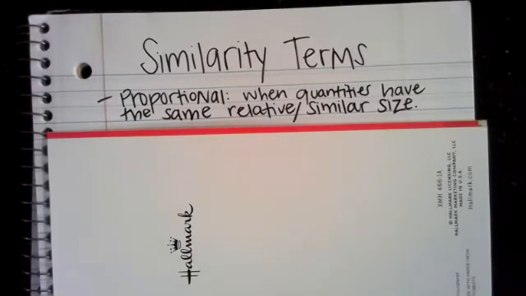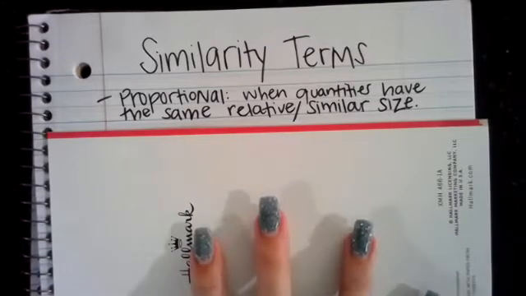You can't create a miniature that looks exactly like the White House if you don't know the exact measurements of the actual White House and convert them to a proportional size. So that's going to make a little bit more sense when we see some of the images in this video. So this is the definition of proportional. Make sure you write that down.